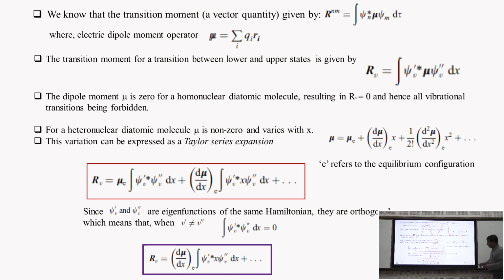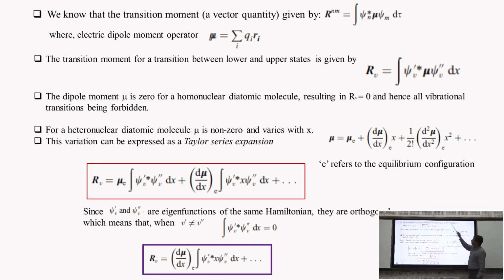Before that, I wish to tell you about one more thing. We have discussed the position, whether it will come at 2500 or something. Now let us talk about the intensity part; only one or two slides are there. Intensity is given by the transition moment vector.